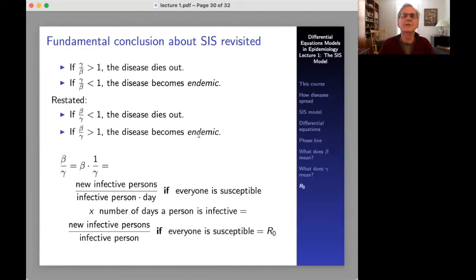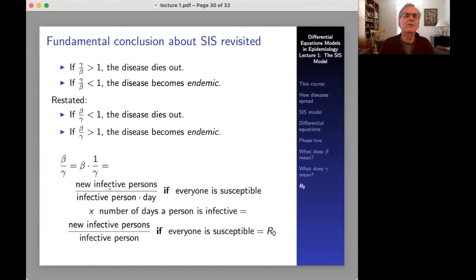So what's nice about beta over gamma is that we now know exactly what beta over gamma means. Beta over gamma is beta times 1 over gamma. Beta is the new infective persons per infective person per day, provided everyone was susceptible. 1 over gamma is the number of days a person's infected.